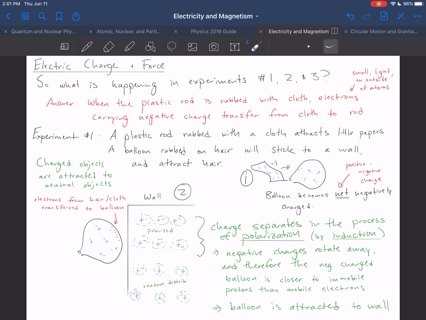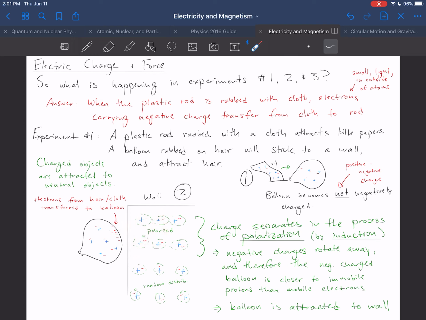The result is that the balloon is then net attracted to the wall. So even though these electrons are being repelled by the electrons in the wall individually, these electrons are also closer to the protons. And as a result, there's a net attraction.